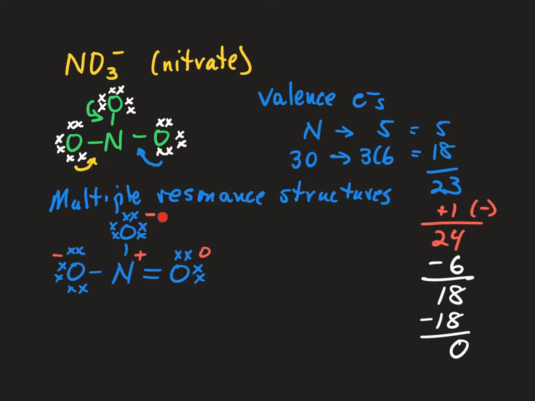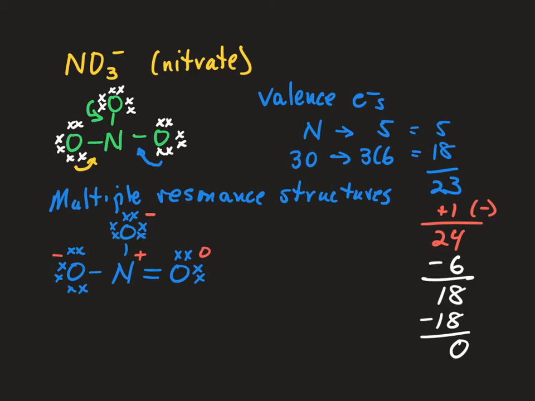Now, 2 negatives and 1 plus adds up to the 1 negative we have there. So even though we have 3 atoms that are charged, the central nitrogen is the less electronegative atom, so it can have a positive charge.